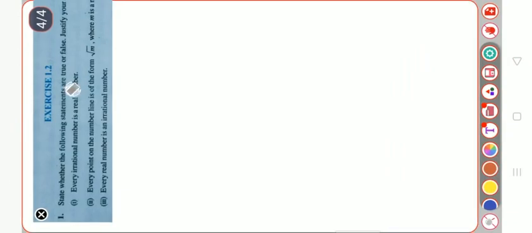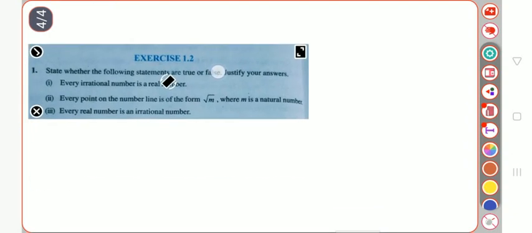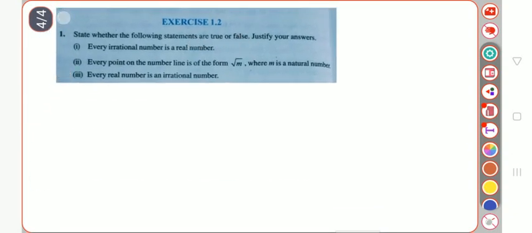Yes, this is exercise 1.2. The first question is: state whether the following statements are true or false. Justify your answers. Here we have to check whether the given statements are true or false, and also justify, meaning give the reason.